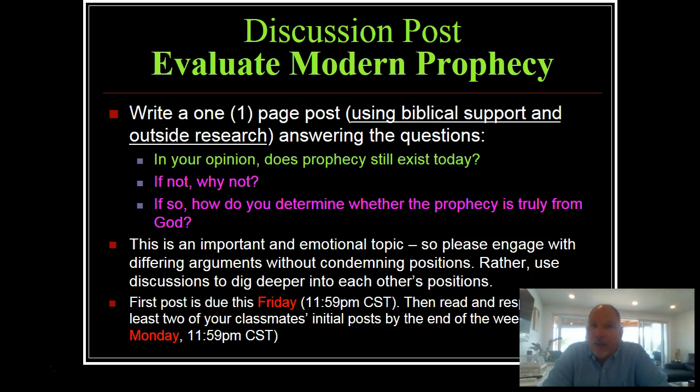If not, why not? What biblical support do you have that says prophecy is something that is of the past? Or, if so, how do you determine whether prophecy is truly from God? In other words, someone says, I have a prophetic word for the congregation. How do you know that that prophetic word is from God and not just from the individual?